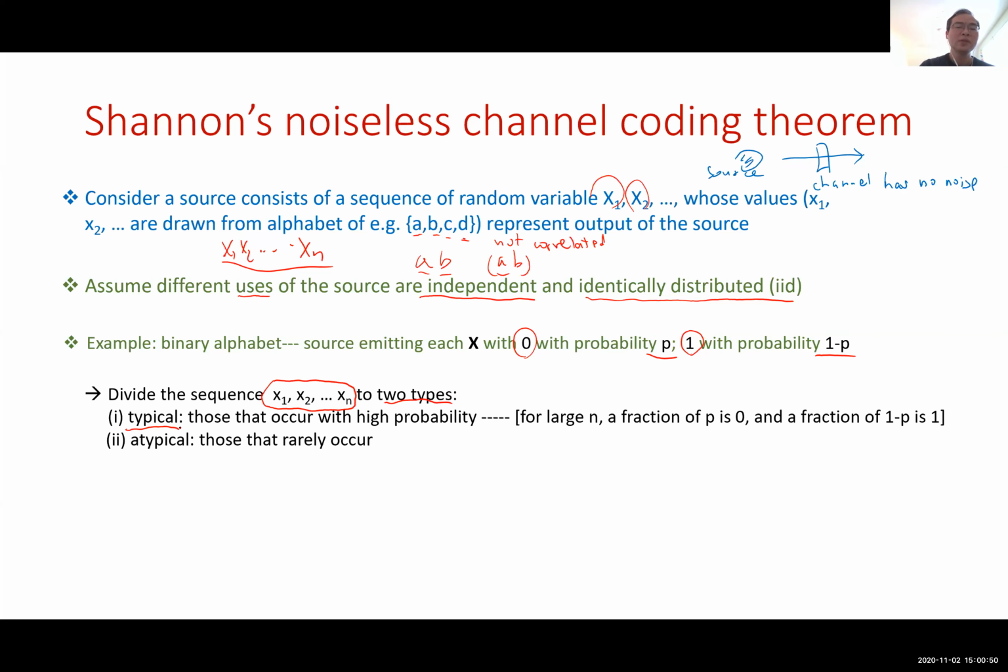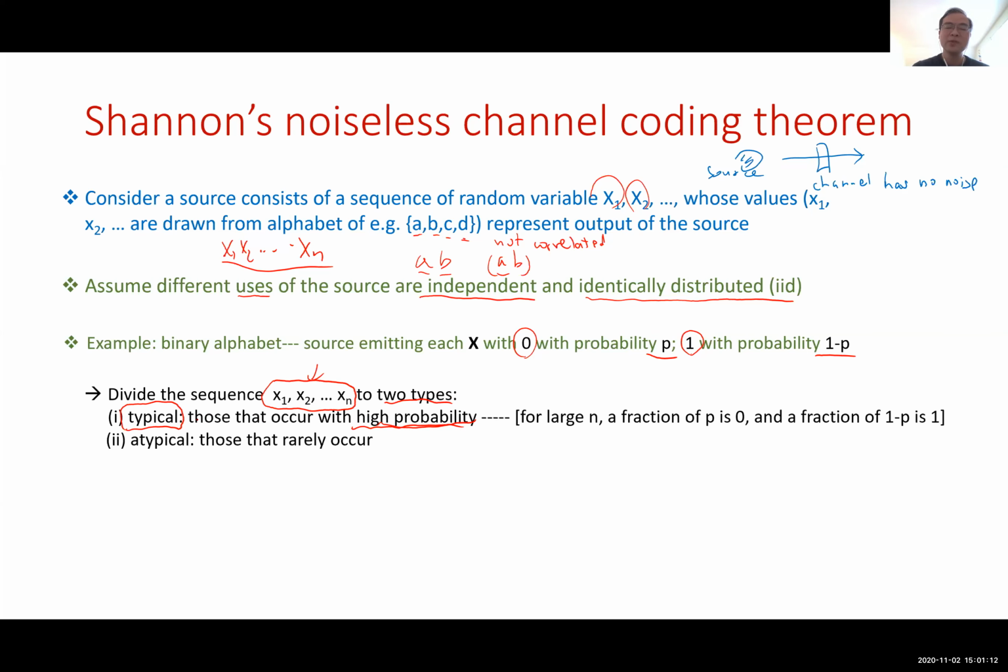One is called typical. And what does that mean? Typical are those sequences that appear with high probability. That should reflect what typical means.